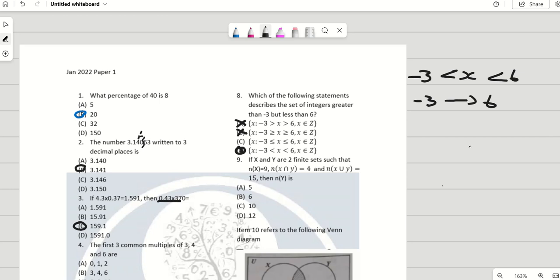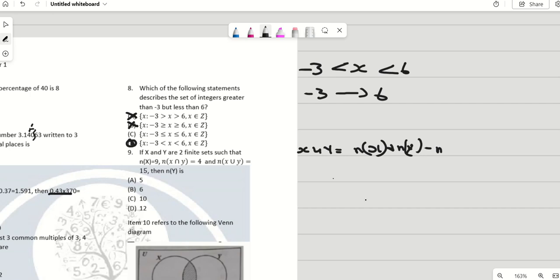right? Number 9. If x and y are two finite sets such that the number of elements in x is 9, the number of elements for the intersection is 4, the union is 15, then what is y? So if we know anything about this, we know that the union of x and y is equal to the number of elements in x plus the number of elements in y minus the number of elements for the intersection of x and y, right?